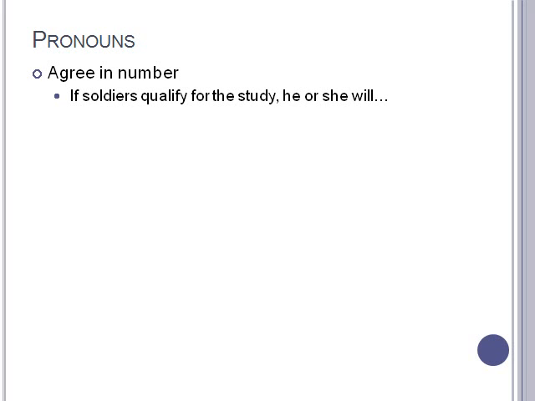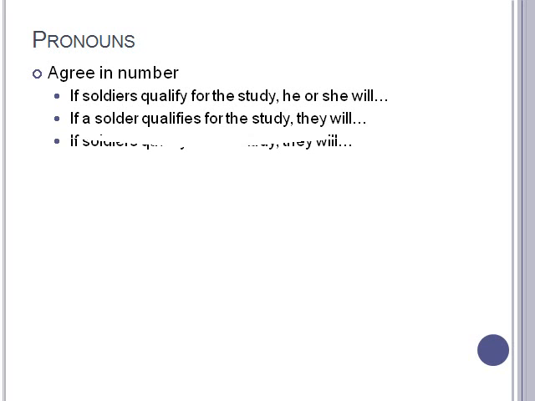which the noun here is obviously soldiers. So you might think, well, how about if a soldier qualifies for the study, they will. And again, you can see how somebody might do this trying to avoid using gender-biased language, but they is a plural pronoun, and a soldier is a singular noun, so they don't match up.